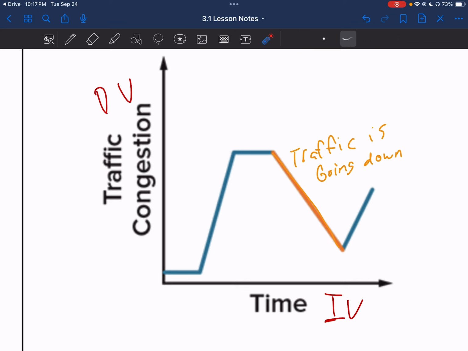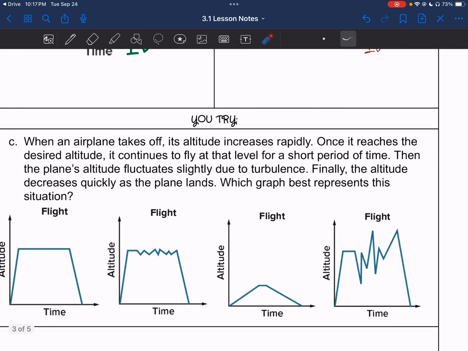And then as we look at the final segment, we see an increase again. Maybe this is people going for their lunch break because it's not getting quite as high as it originally did. Or maybe people are leaving at different amounts or different times during the day, and we're seeing traffic starting to increase like that.